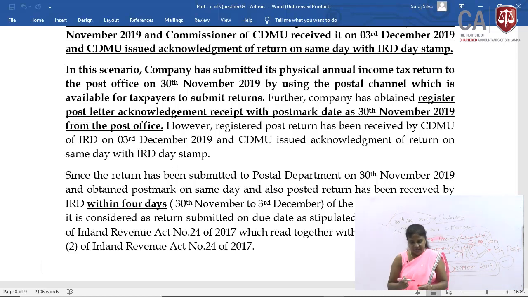Within 4 days, that means 30th November to 3rd December, within 4 days of the date of the postmark, it is considered as a return submitted on the due date as stipulated in section 126 subsection 1 of the IR Act, which is read together with section 119.